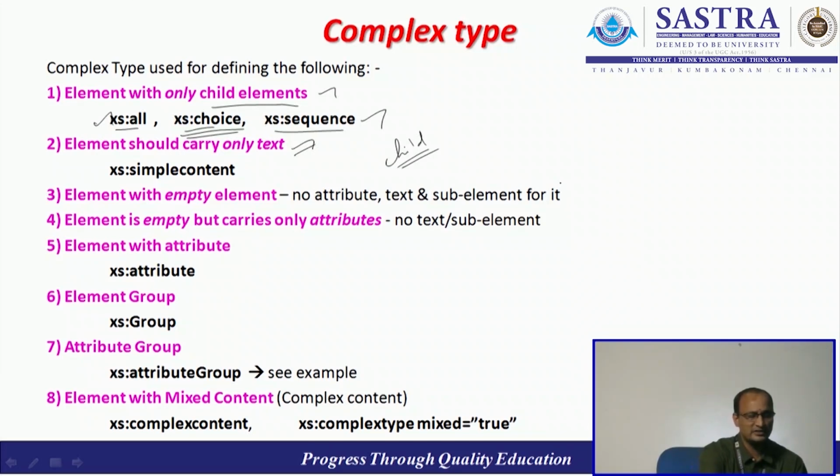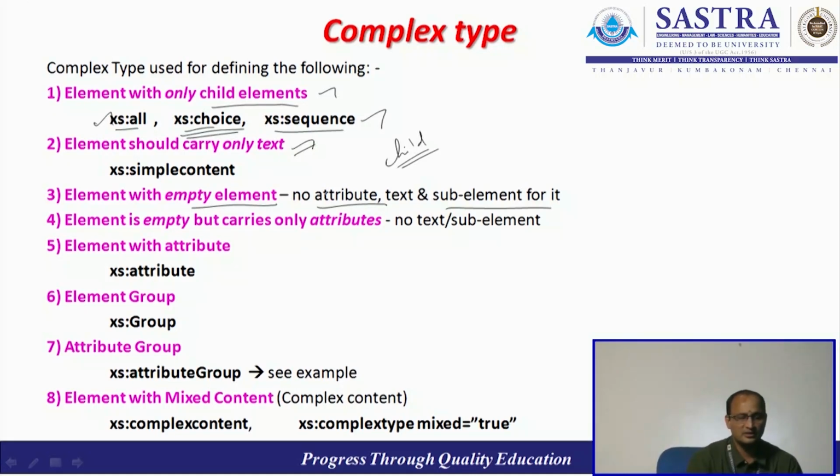Third one is the empty element. In the sense, the element does not carry any text or sub-child element, which is called an empty element. The empty element can optionally have attributes.